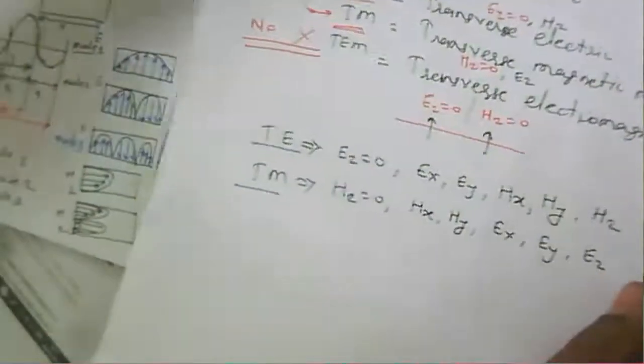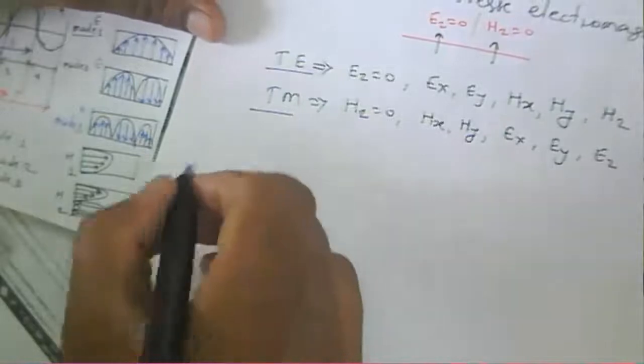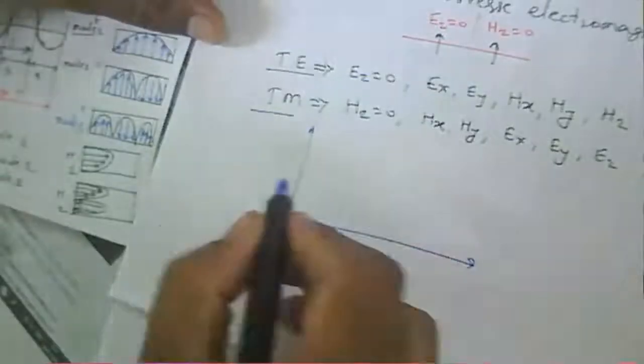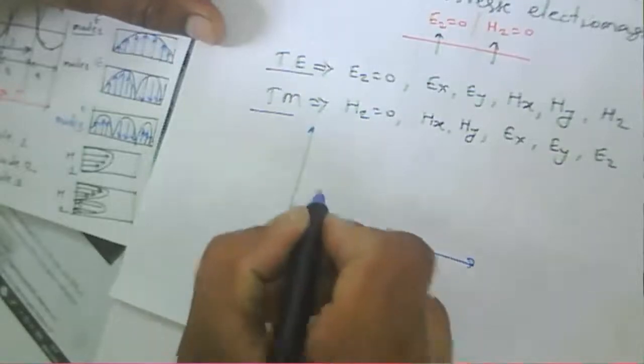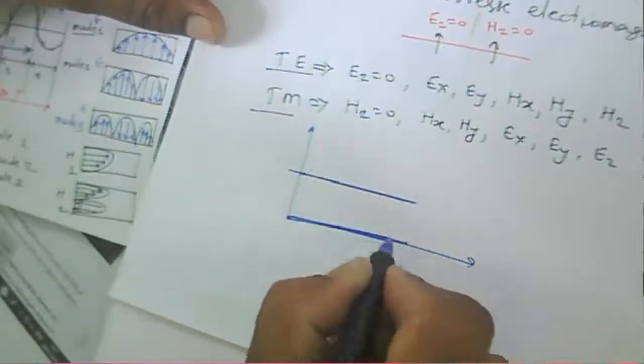Here we consider the rectangular waveguide. Now there may be a parallel plate waveguide also. In a parallel plate waveguide, one plate is here and another plate is here. The lengths of the two plates are the same.